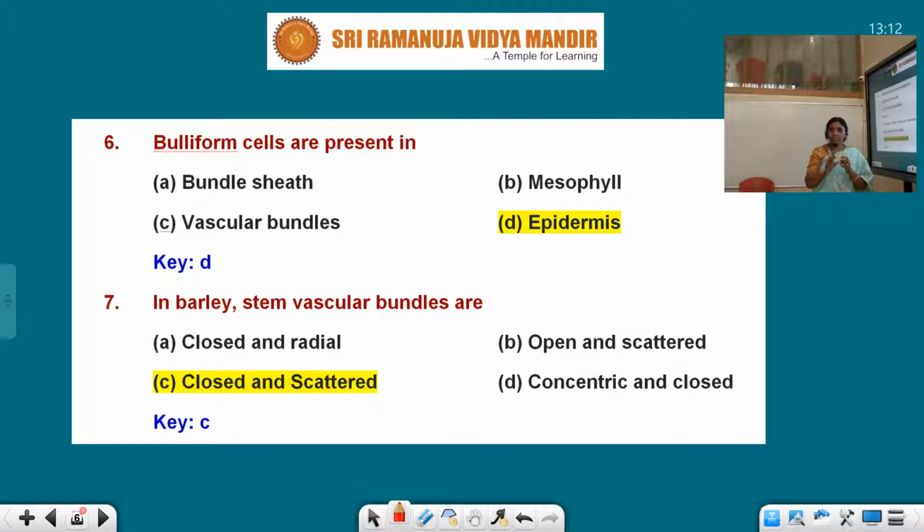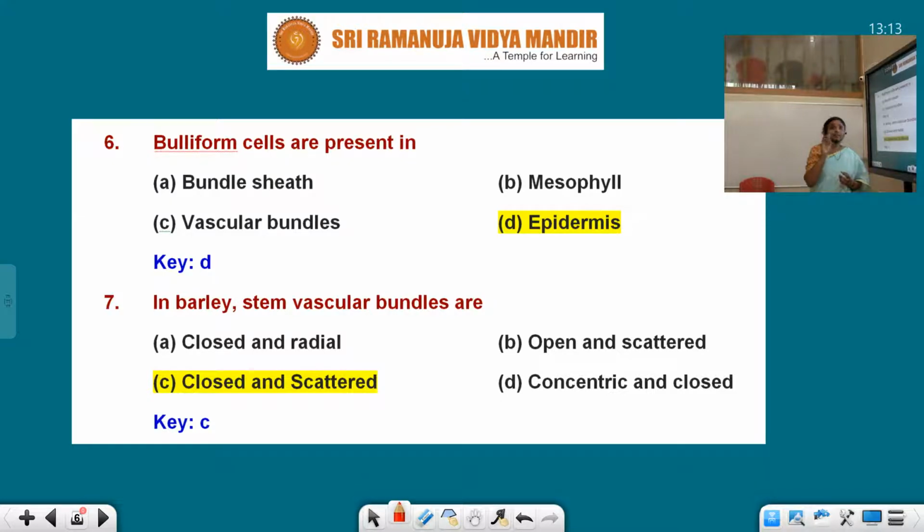When endosmosis occurs, that means water goes inside these cells, they become turgid, that means they swell up. When exosmosis happens, water comes out, they become flaccid, that means they shrink. Due to the loss of water, the leaves start rolling.